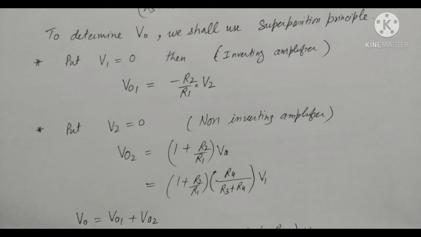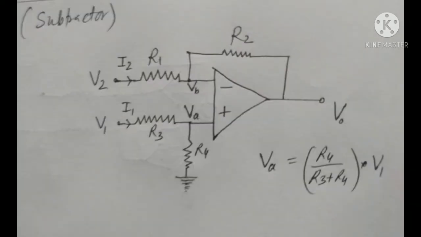In the next case, put V2 equal to 0. Then it becomes a non-inverting amplifier, and the output due to this, VO2, is equal to 1 plus R2 by R1 into VA. VA can be calculated from the circuit by using the voltage divider method.